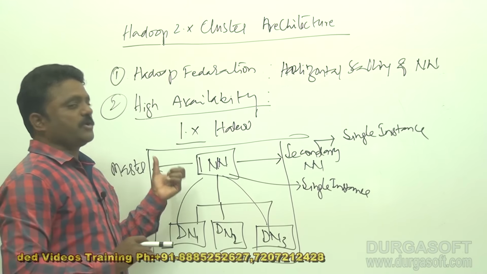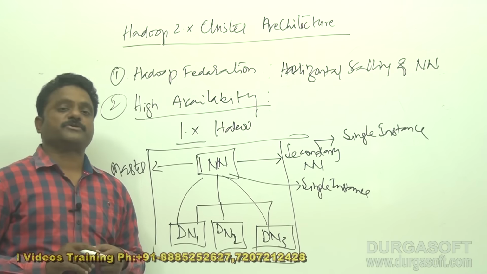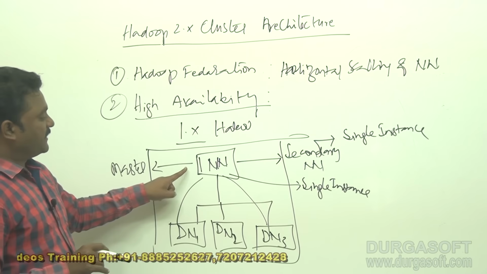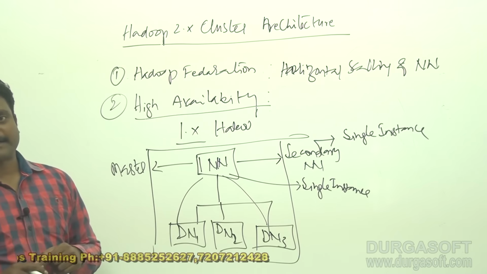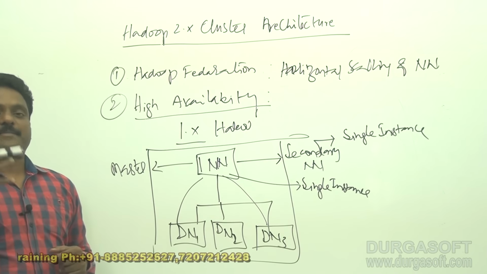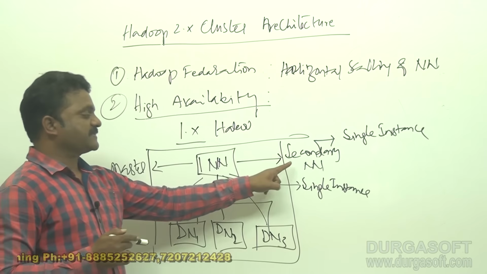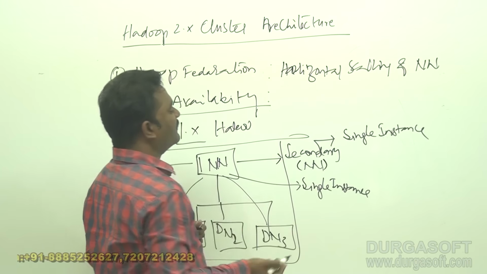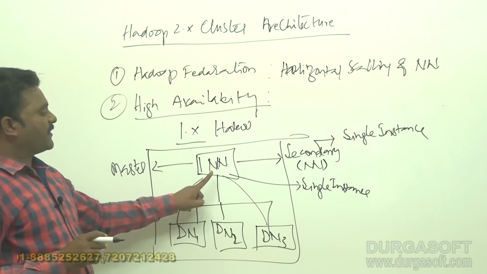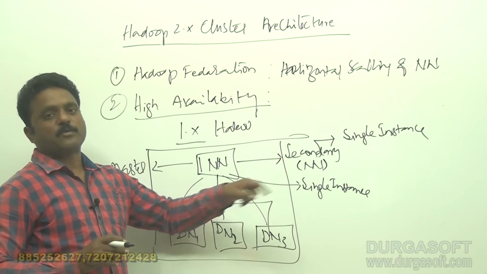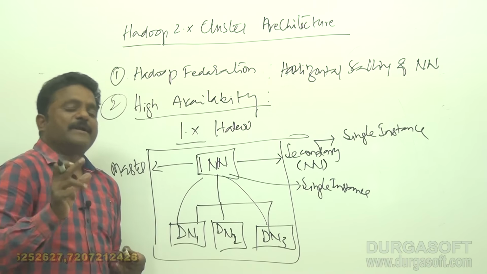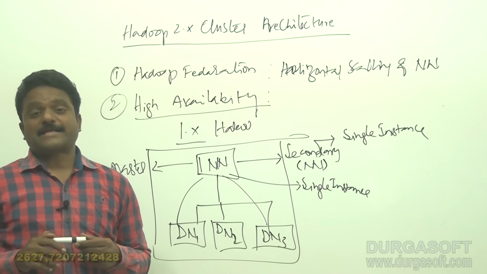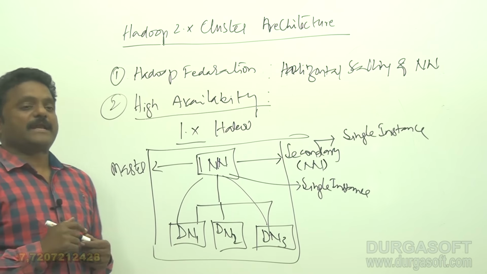That means there is a huge chance that if something happens to the name node and it fails, of course we have the secondary name node, but there is again a time limitation. Only hourly data would be captured from the name node onto the secondary name node, so there is a chance that we may miss that 1 hour of data.